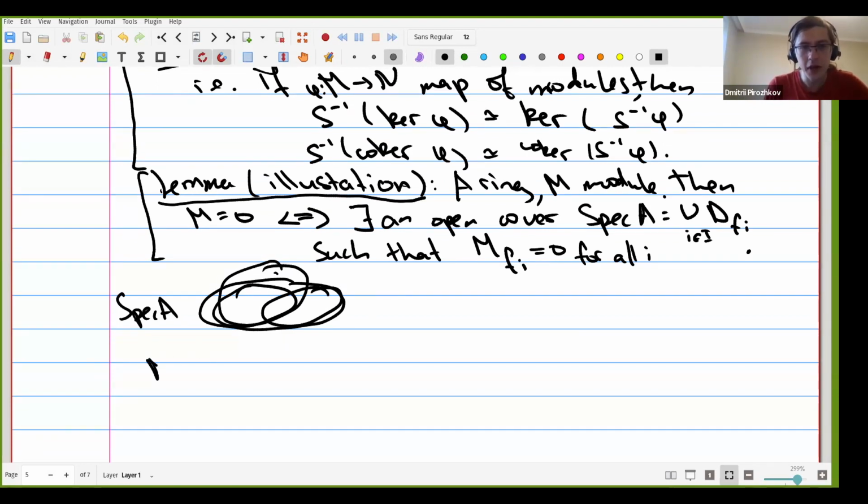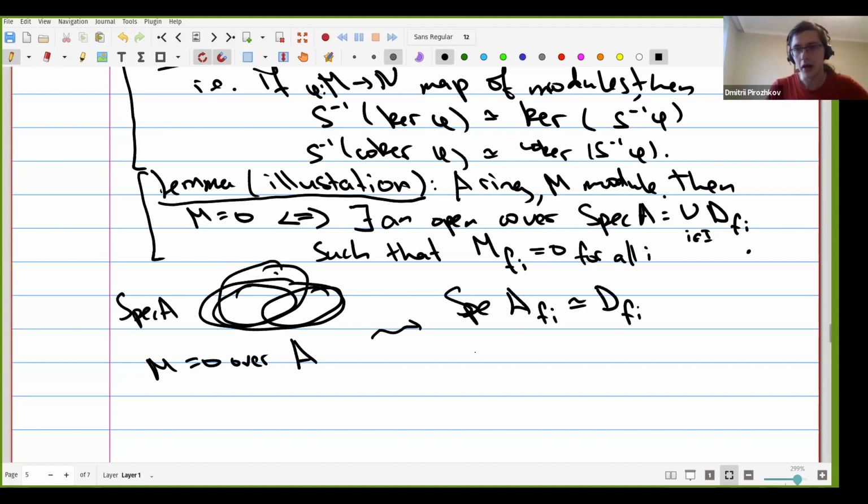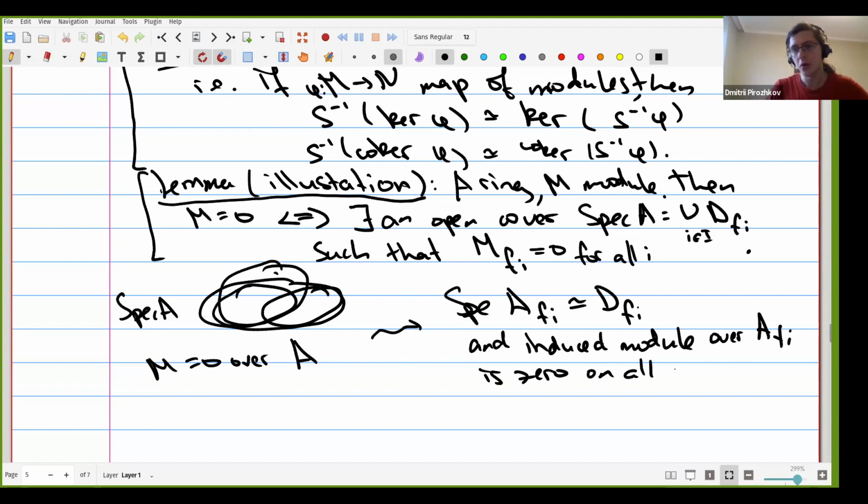So we can check that M is 0 over A, but instead we can look at Spec of the localized ring, which is isomorphic to D(f_i), and the induced module over A_{f_i} is 0 on all sets from the cover.